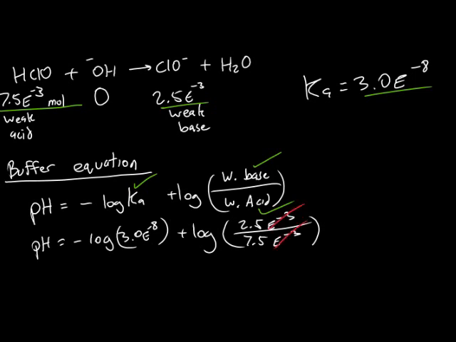The 10 to the negative thirds cancel out, and so we can write 2.5 over 7.5. And then we can enter all of this in a calculator. We'll end up with a pH of 7.05.